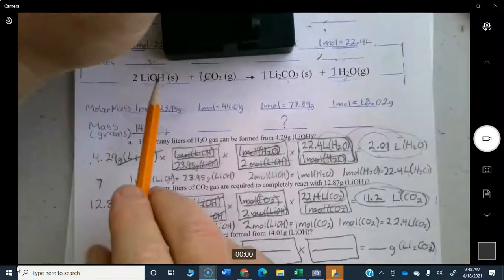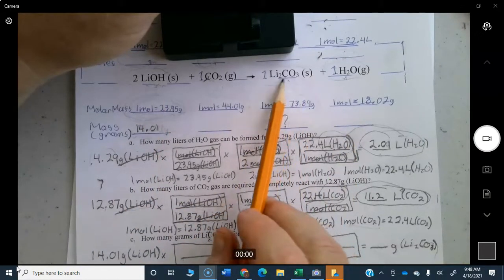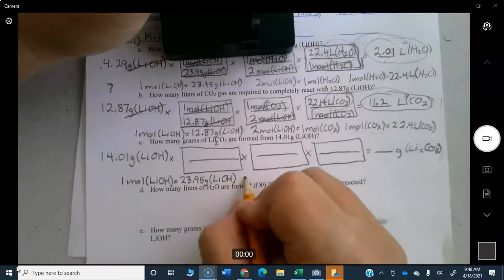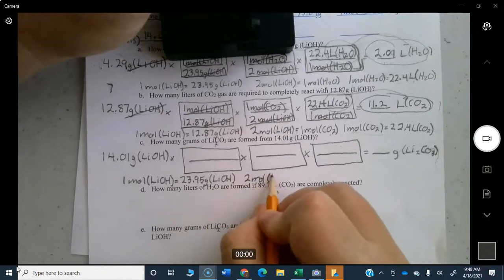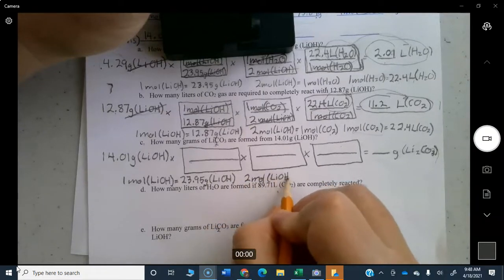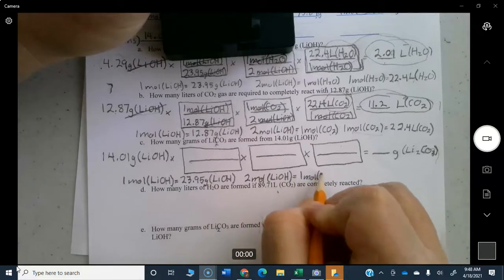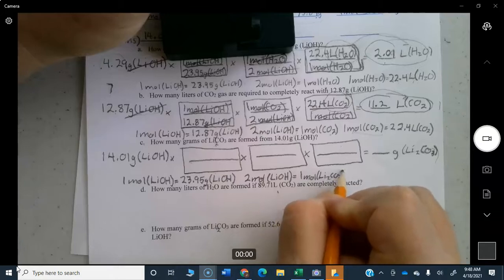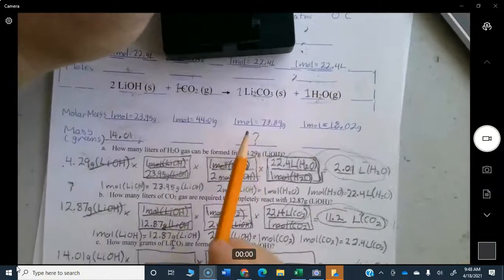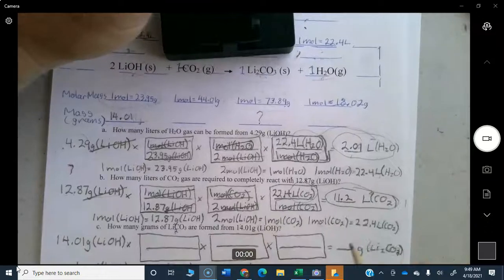Go ahead and write the rest of them. 2 moles of lithium hydroxide for every 1 mole of lithium carbonate. And the final one is the molar mass of lithium carbonate.